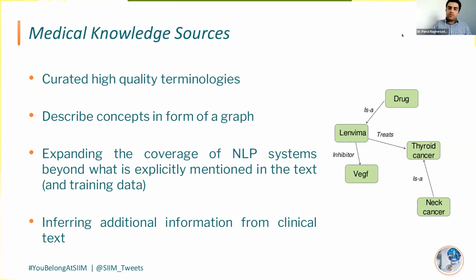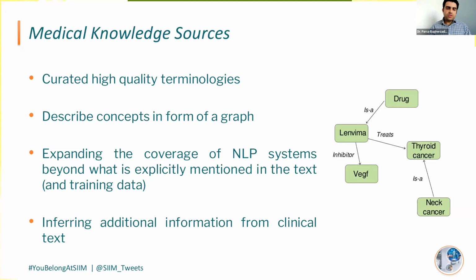Another sort of information that we can use to our benefit is the existing medical knowledge sources. When I'm talking about knowledge sources, I'm talking about terminologies, high quality terminologies that are curated by experts of the domain.